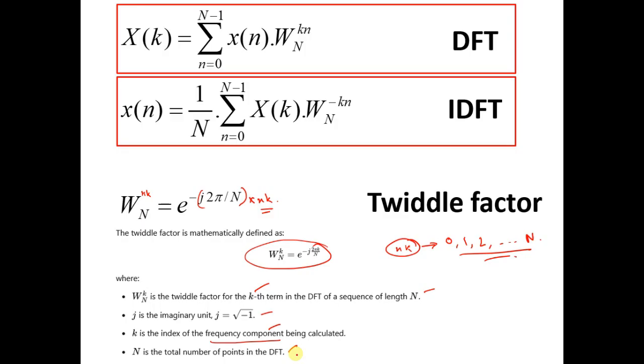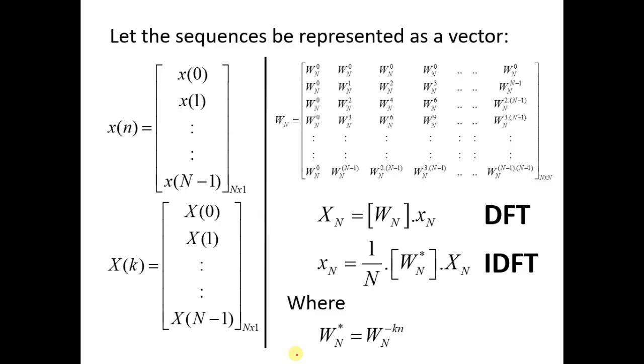Okay, so let us look into the sequence. Let the sequence be represented as vector x of n, which is the time domain signal. It has a length of capital N by 1, that means 1 column.